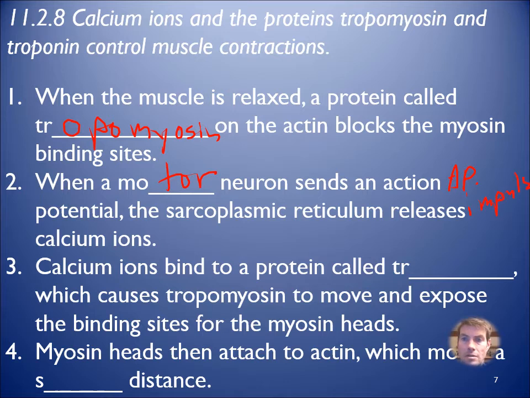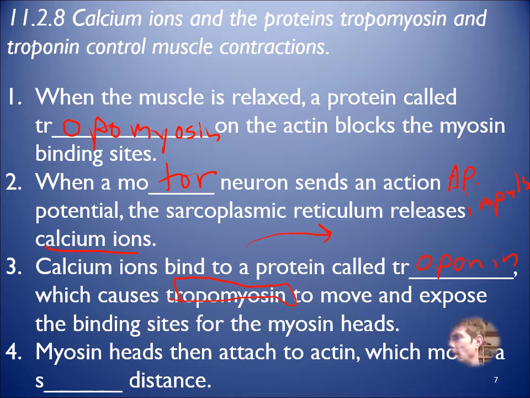That can be confusing. Calcium ions are released, and they bind to something called troponin. Calcium binds to the troponin, and that causes the tropomyosin to move, and those binding sites are there for the myosin heads to attach.